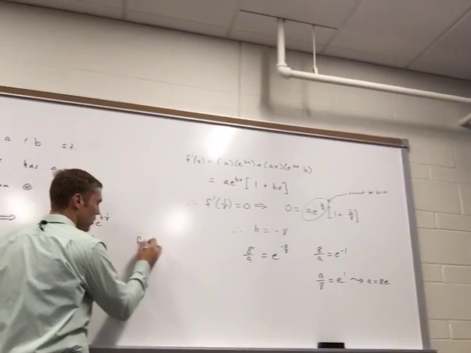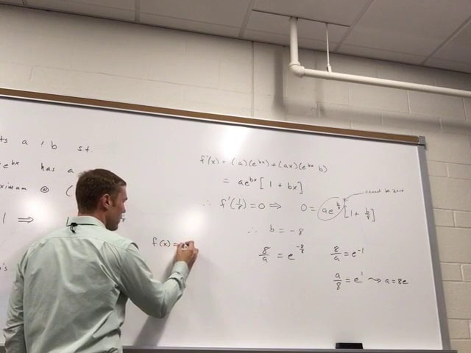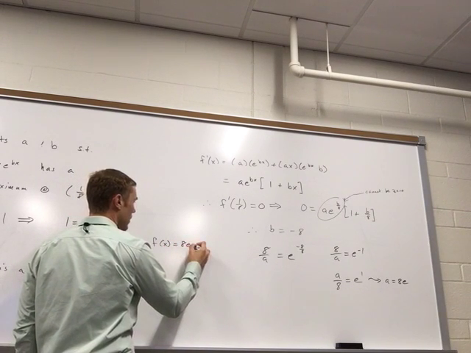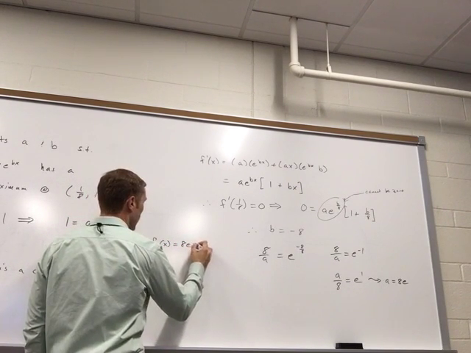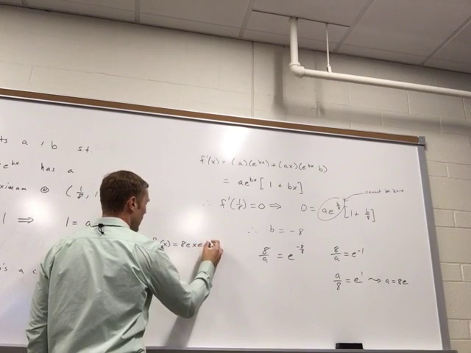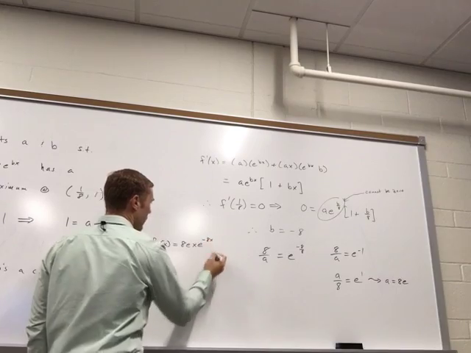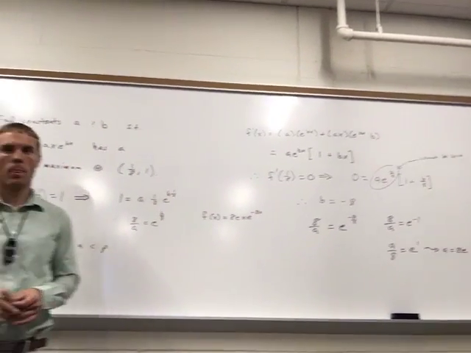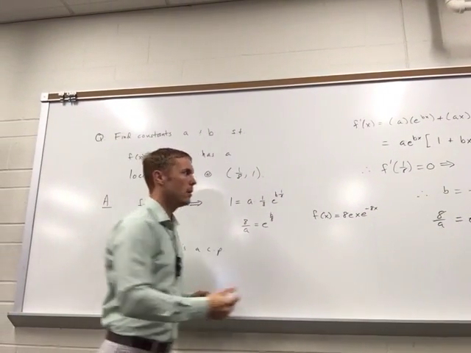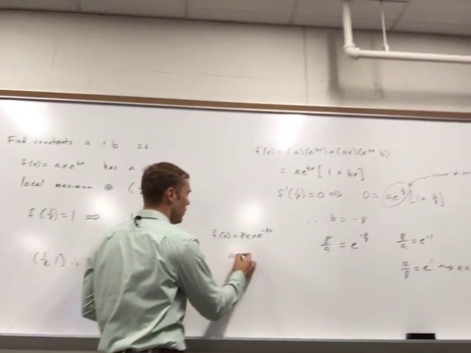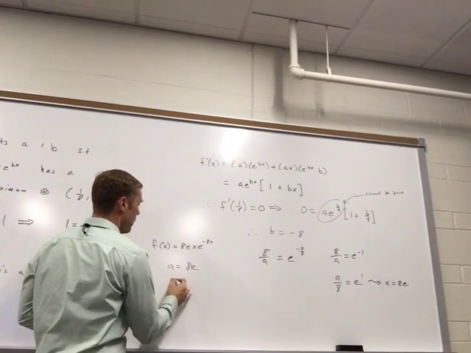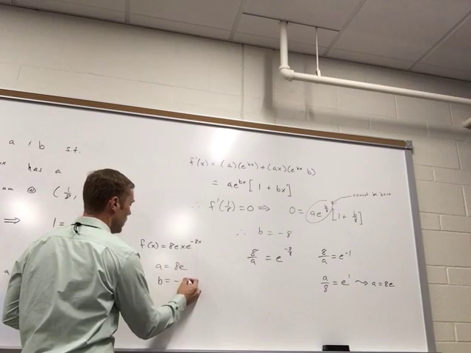So f of x, using our newly found constants, is 8e x times e to the -8x. So we found a to be 8e, and we found b to be -8.